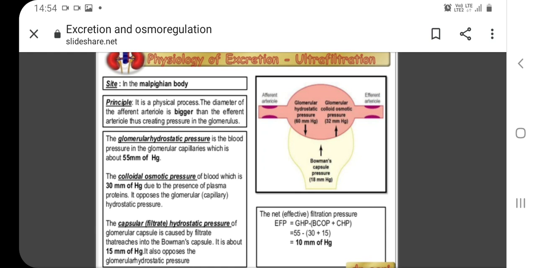The blood pressure in the glomerulus is maintained independent of factors that affect systemic blood pressure.